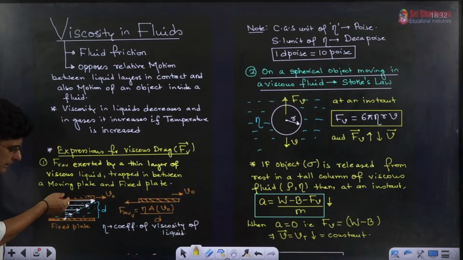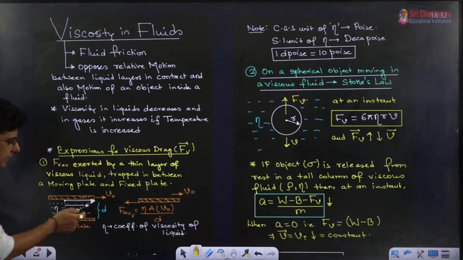Such liquids are called Newtonian liquids. Whichever layer of the liquid is in contact with a surface, the velocity of that layer will be the same as that of the surface. So the topmost layer will have the same velocity as the moving plate, which is V0. The bottommost layer will have the same velocity as the fixed plate, which is 0. So when you come from top to bottom, the velocity is decreasing, and finally here it is becoming 0.